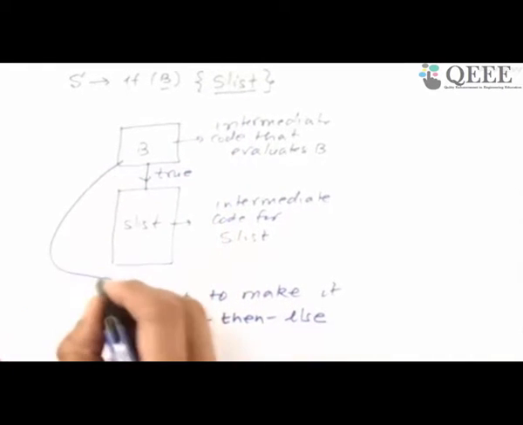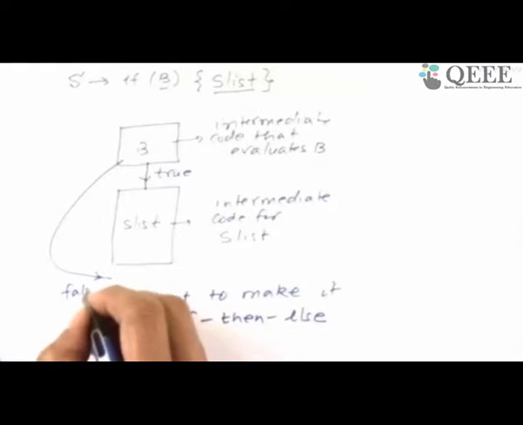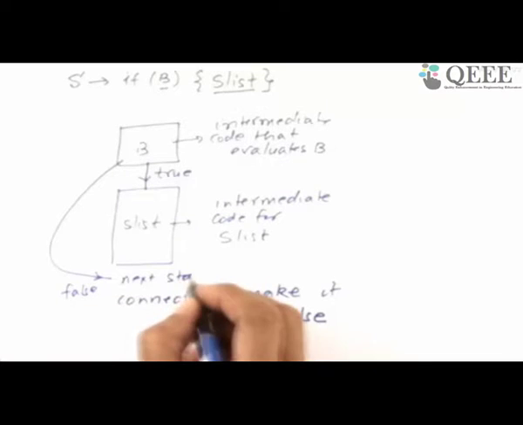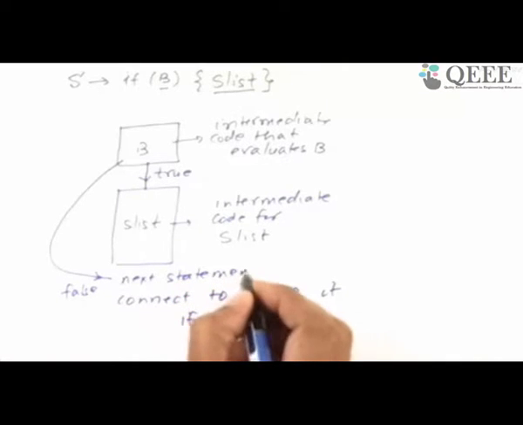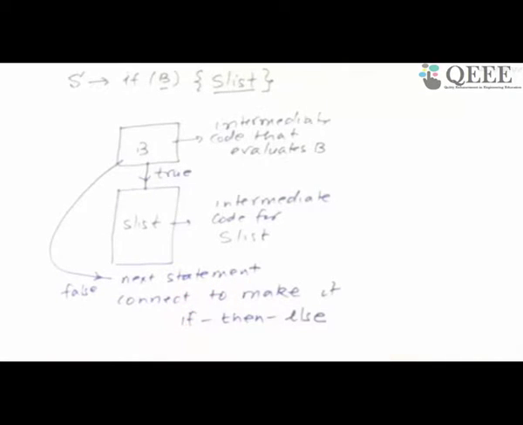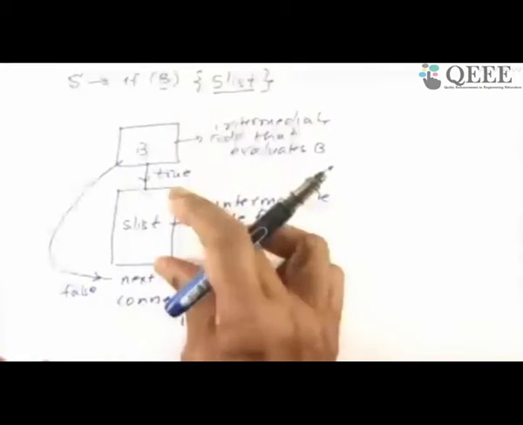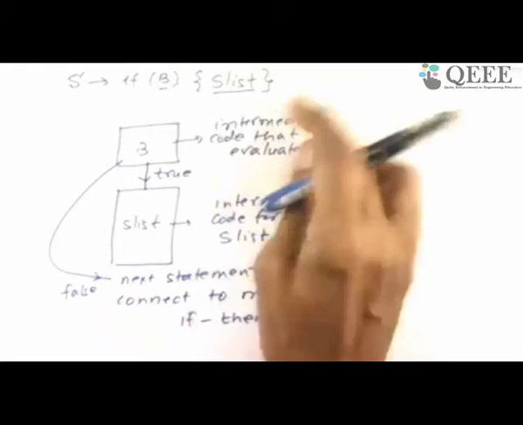When B is false, then I will go to the next statement which follows this if then else, but I don't know where the next statement is. In other words, the semantic analysis of this statement will say that whenever B is true, evaluate S list, and whenever B is false, skip S list completely and go to the next statement.